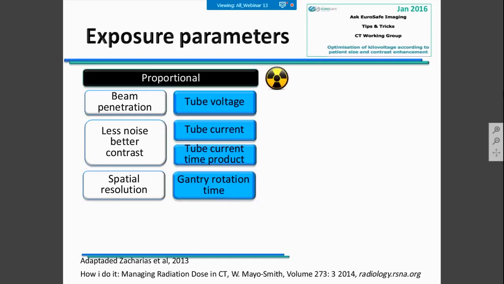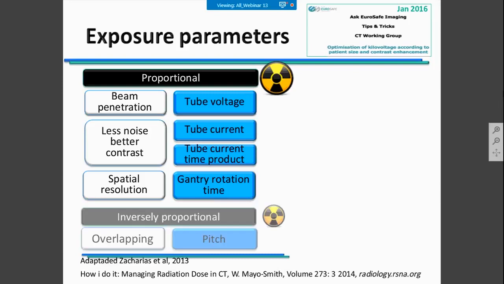However, all of them are proportional to the increase of the dose. We also want to have the lowest pitch possible to have all the details of our body region in study. However, we also know that this decision is related to an increase in dose. So it's important to adequate all the exposure parameters to the examination that we are performing.